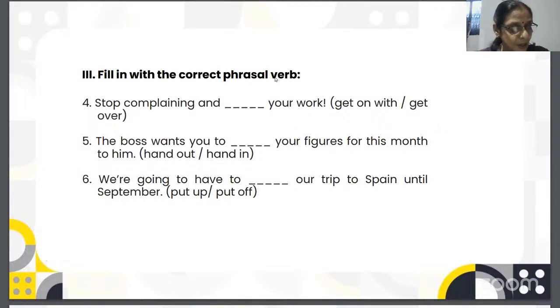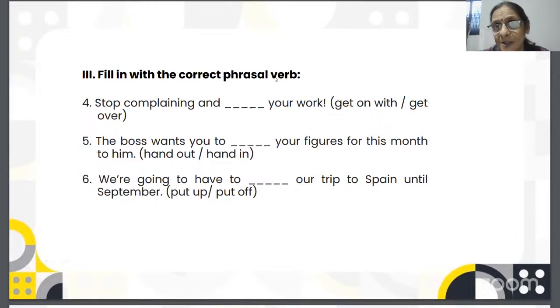The boss wants you to hand in your figures for this month to him. Is it hand out or hand in? Hand in means you are giving or submitting something to someone, maybe your boss.